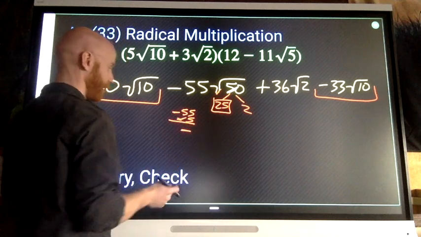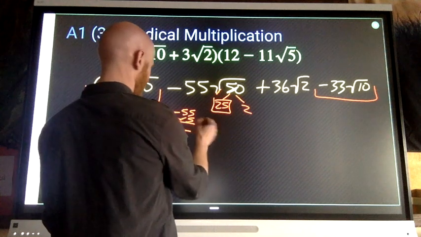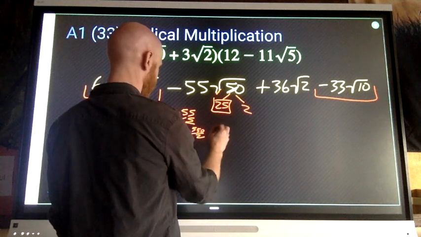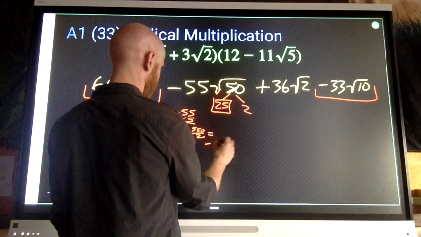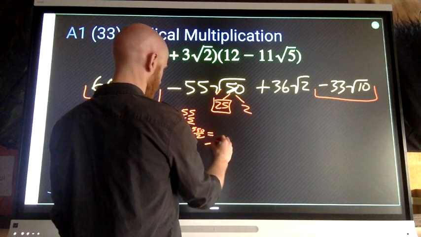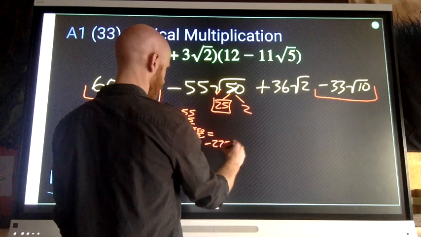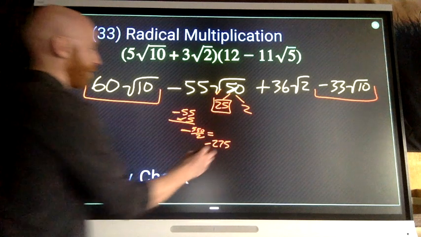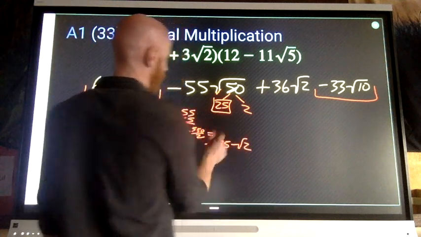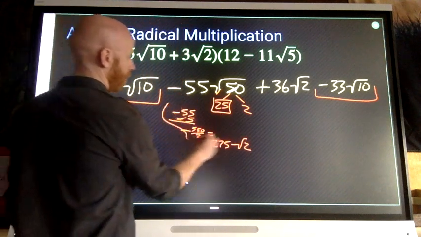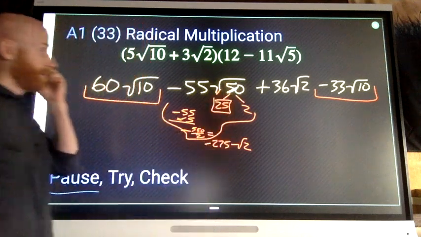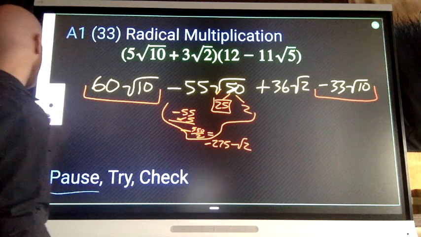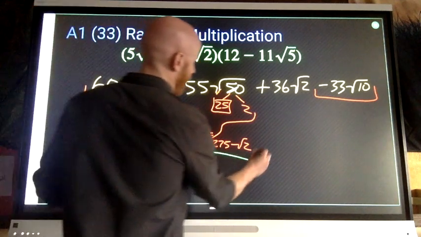It's negative 275 square root of 2. All right. All of that broke down into negative 275 square root of 2. That actually then is going to be able to get combined with this.